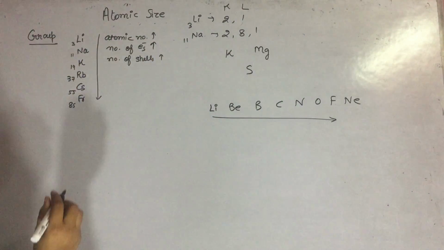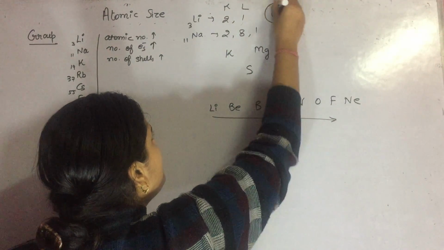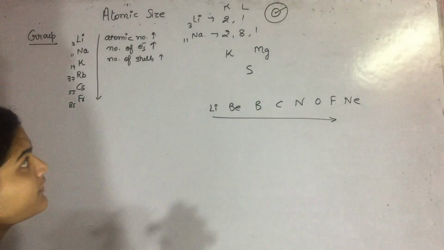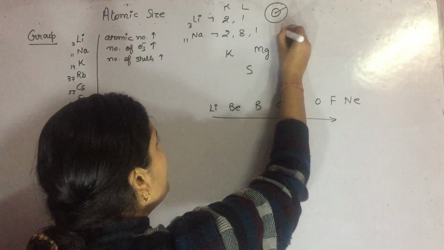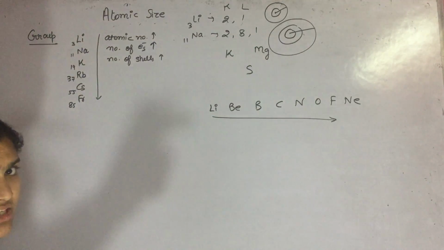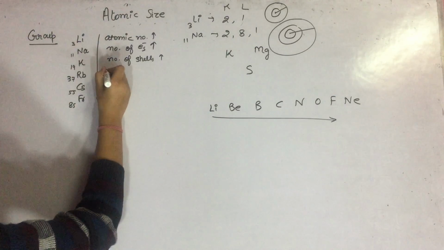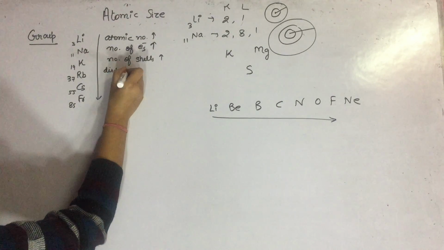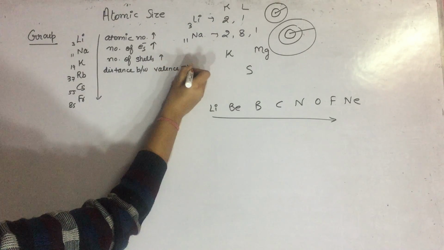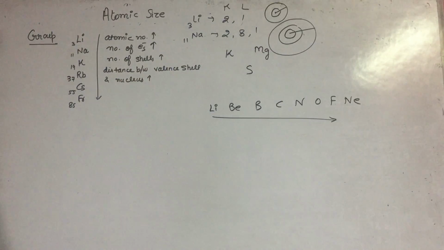That's why the number of shells increases. Now if an element has 2 shells, the distance between the nucleus and the outermost shell is small, whereas if some element has 3 shells, then the distance between the nucleus and the valence shell obviously increases.